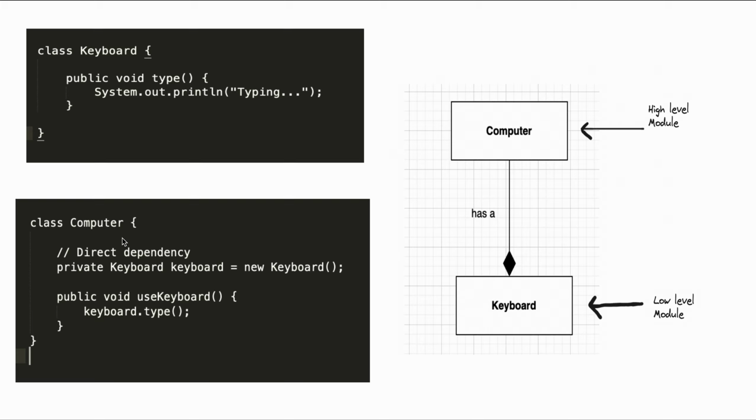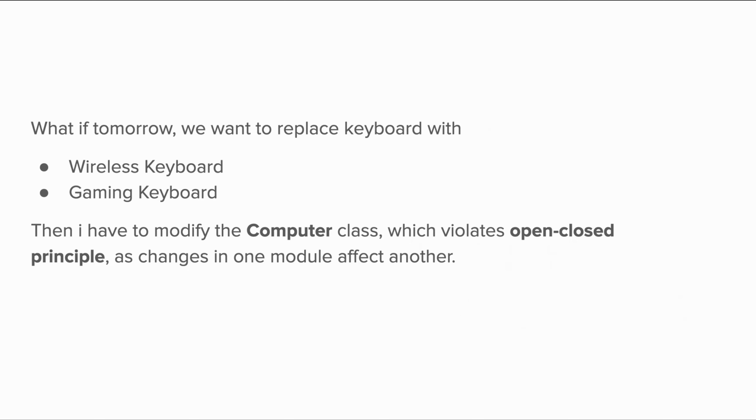So let's say in case of wireless keyboard, I'll write private wireless keyboard and then the keyboard and then new wireless keyboard, right? So every time with every new implementation, I am modifying the computer class. I mean, which is not good. So it violates the open close principle, as changes in one module affect another.